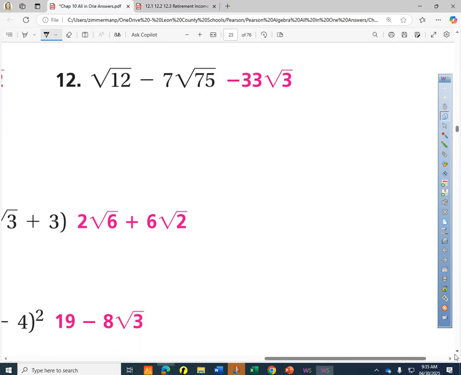All right, so the square root of 12 minus 7 square root of 75. It's a subtraction, so we can't add or subtract unless the number under the square root is the same, right, Fatima? Right now they're not the same, but if they can be simplified, they may be simplified to the same square root. So what can you factor the square root of 12 to maybe simplify it?